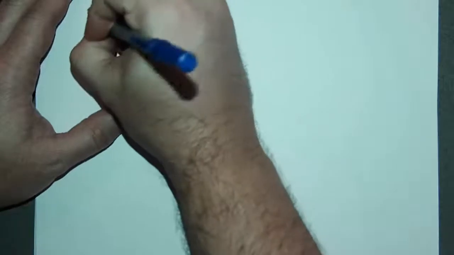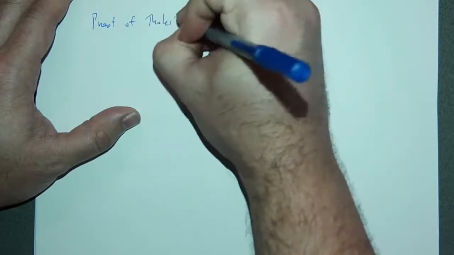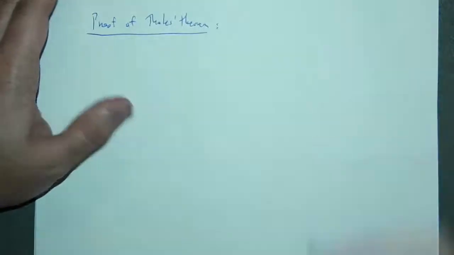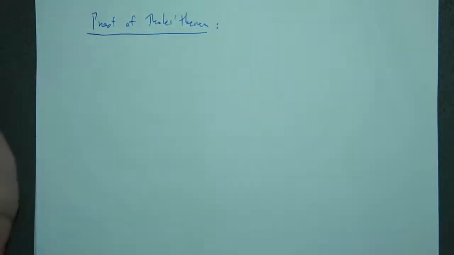So let's consider our proof of the Thales theorem. Okay, so proof of the Thales theorem. Well, before I can talk about the proof of the Thales theorem, maybe I should restate it.